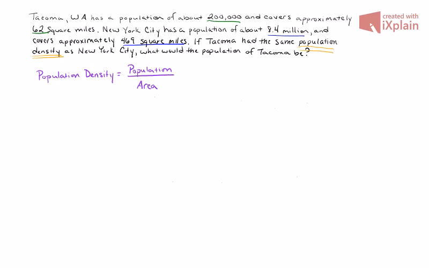So in this particular case, what I want to do first is the population density for Tacoma. I'm going to say Tacoma, and then in a little subscript put PD to mention that it's population density. I'm using my own notation here, but it's personal to me.